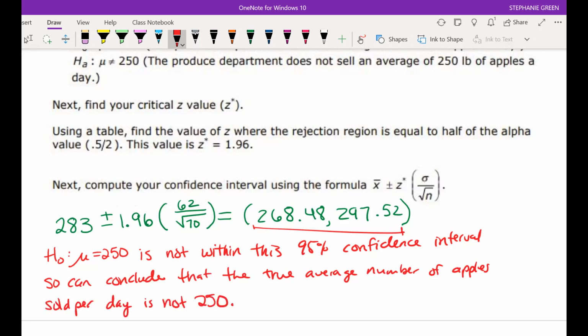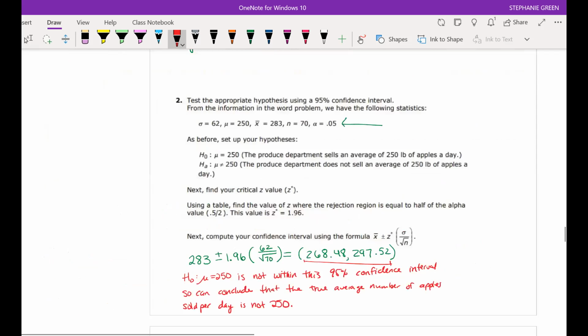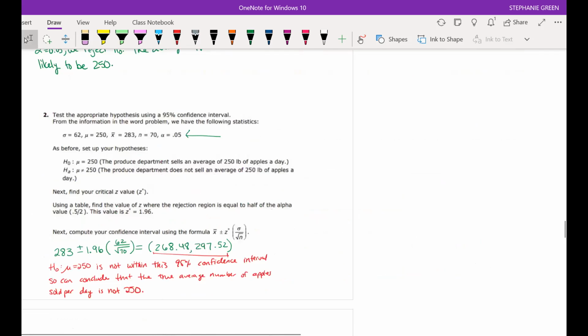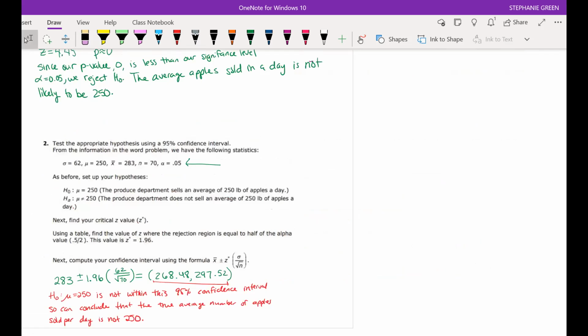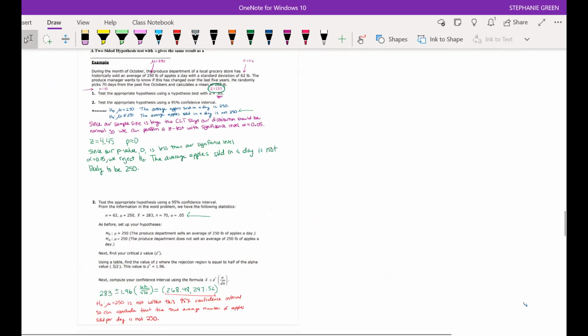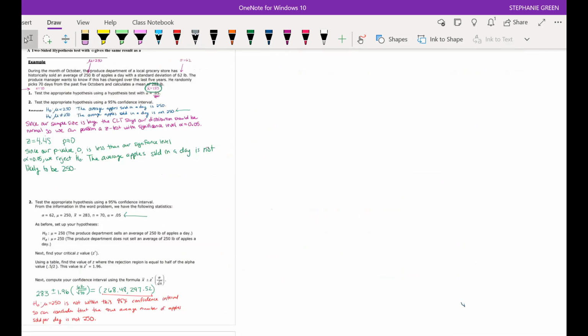Exact same conclusion, different approach. All of this is getting to the same conclusion. It's just different ways to go about it. So making sure that you know how these two procedures are related is going to be super helpful in the long run. And that's it for this section.